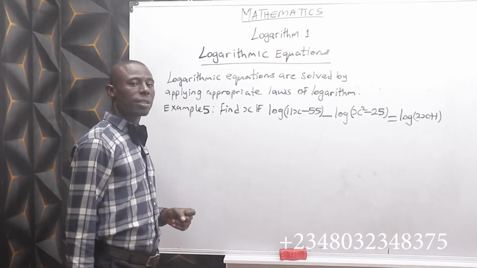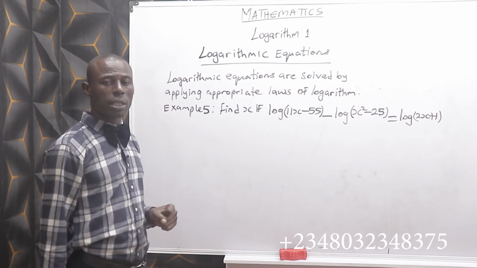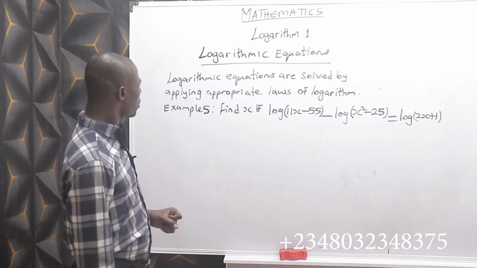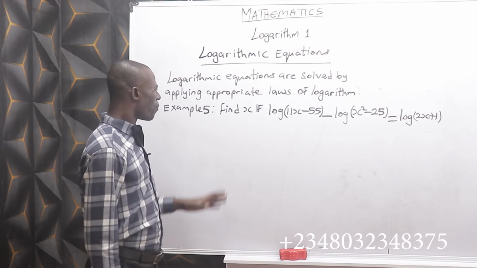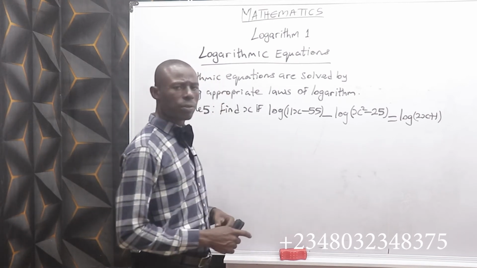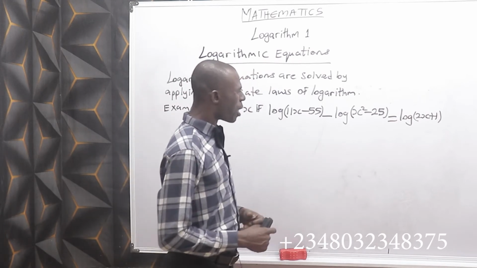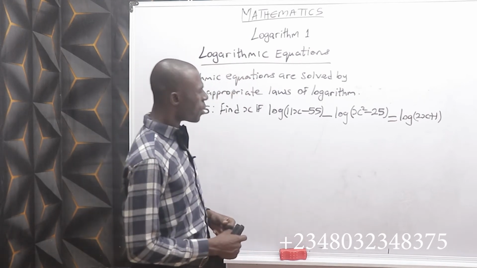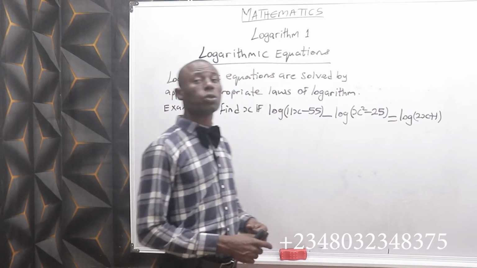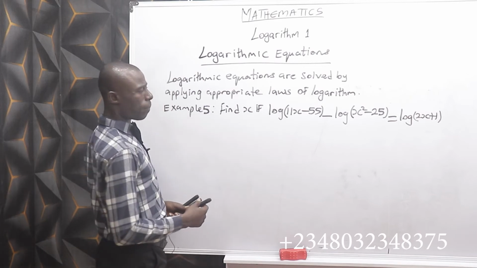Let's consider this last example that I have for you under this logarithmic equation. Example 5. Find x if log (11x minus 55) minus log (x squared minus 25) is equal to log (2x plus 1). Obviously, we are dealing with base 10 here.